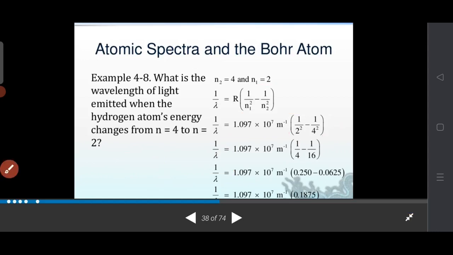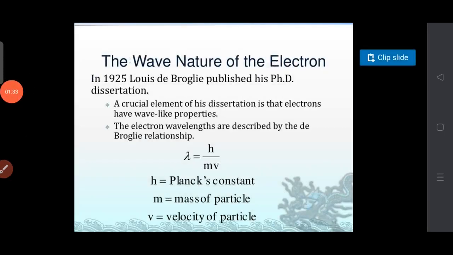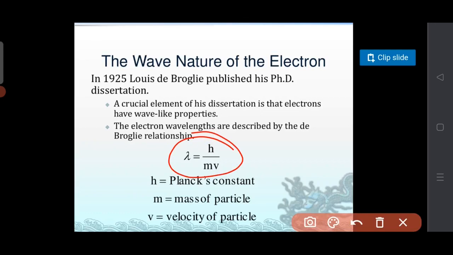Next we will see the wave nature of the electron. Lambda equals h by mv. Lambda is the wavelength, h is the Planck constant.